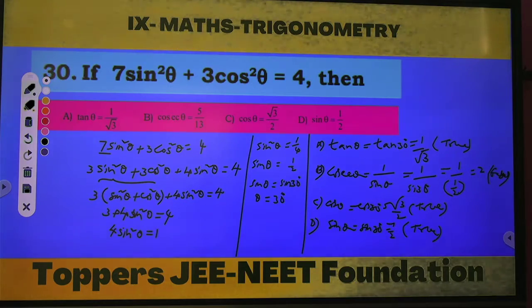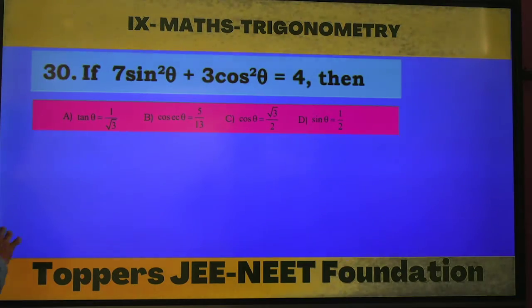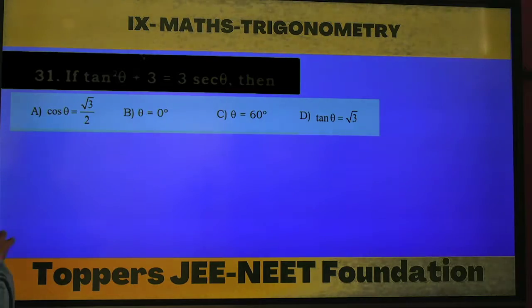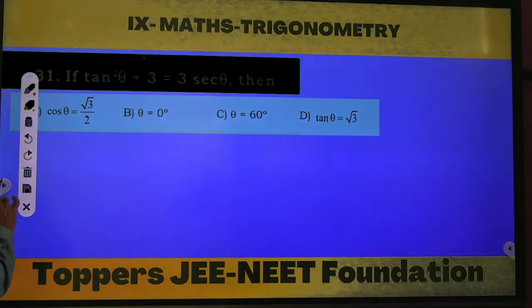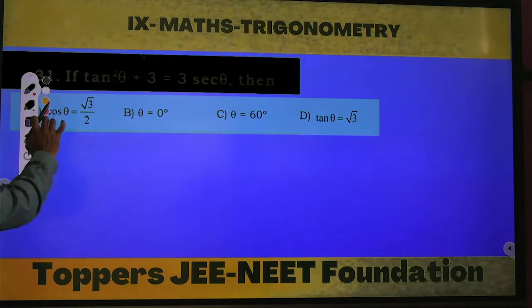Okay students, next question. If tan square theta plus 3 is equal to 3 secant theta, then which of the following is correct?